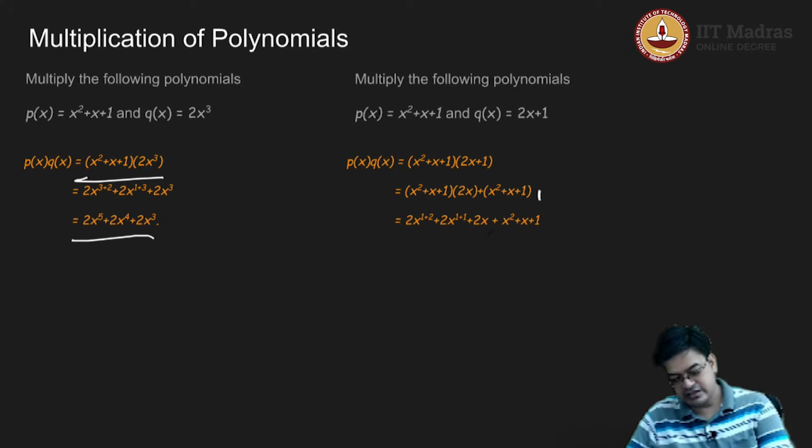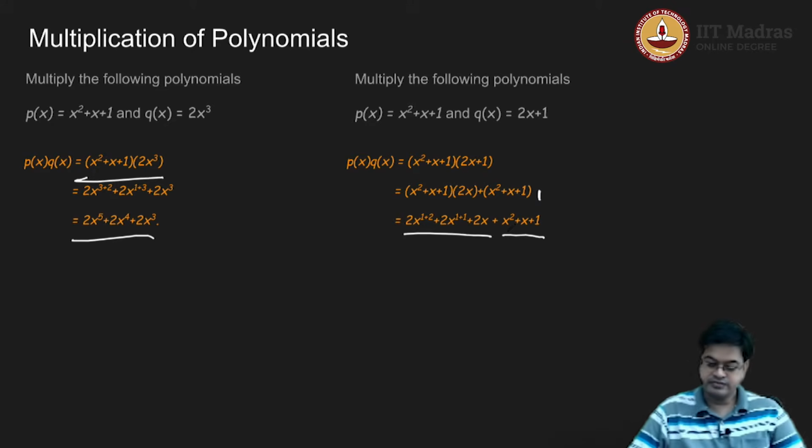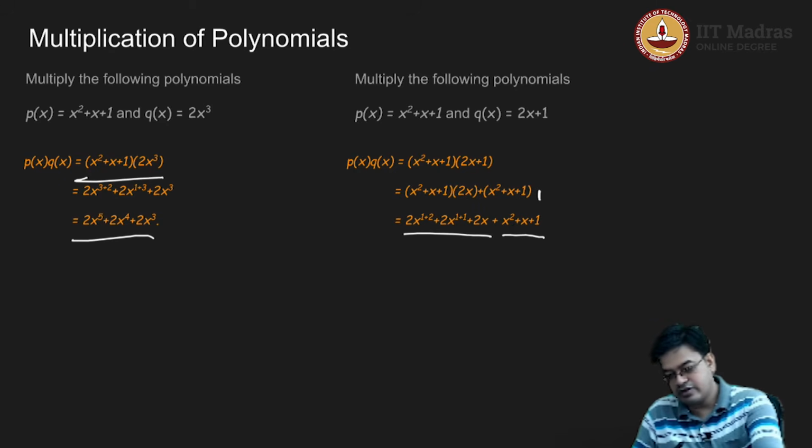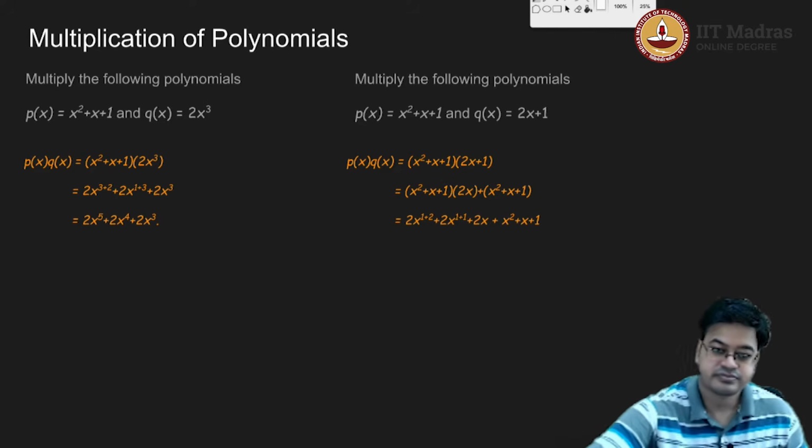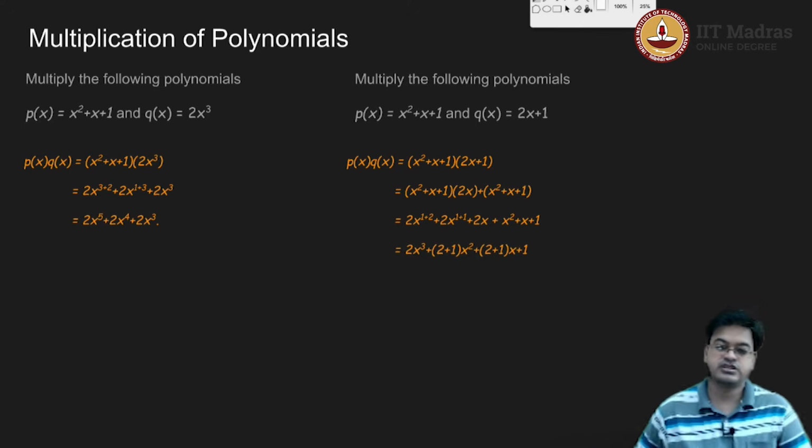You can treat this as one polynomial and this one as a second polynomial. And then we have to add. How do we add polynomials? We add polynomials by matching the exponents of x. So if I want to add these two polynomials, what will I do? I will simply match the exponents and add them, which is given here.